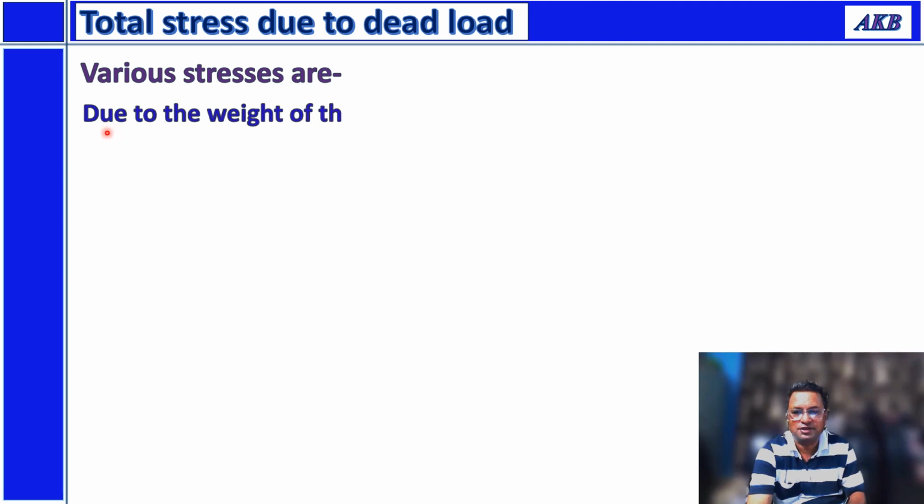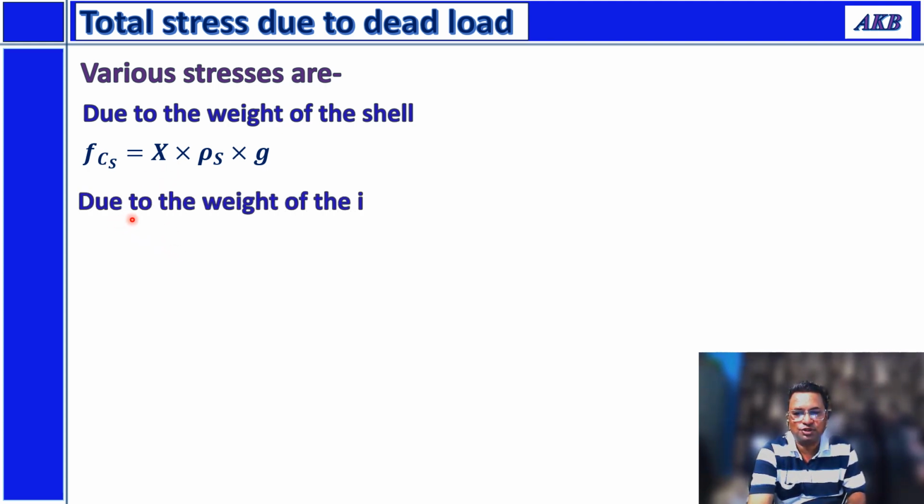So what are these? Due to weight of the shell, the stress induced is FCS, compressive stress. It is given as X into rho S into G. So this is the stress that will be induced due to weight of the shell up to a distance of X from the top of the shell.